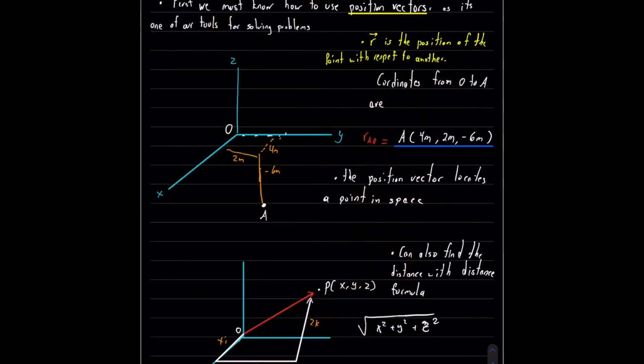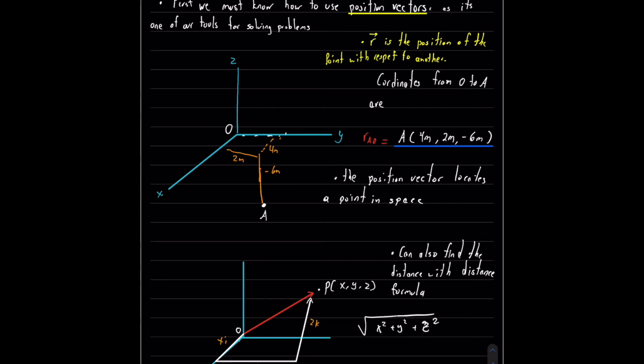Alright? Okay, so before I solve any problem in 3 dimensions, first I want to talk briefly about position vectors and unit vectors, because these help us solve problems that are in 3 dimensions. Now, what a position vector does, it locates a point in space in 3D.